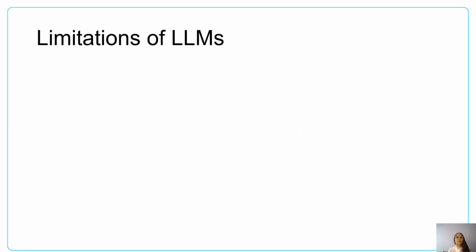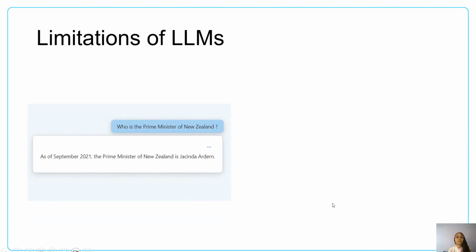Now let's look at some of the limitations of LLMs. I asked a question in my LLM application: who is the Prime Minister of New Zealand? This is using the GPT 3.5 model, and the answer I got was, as of September 2021, the Prime Minister of New Zealand is Jacinda Ardern.